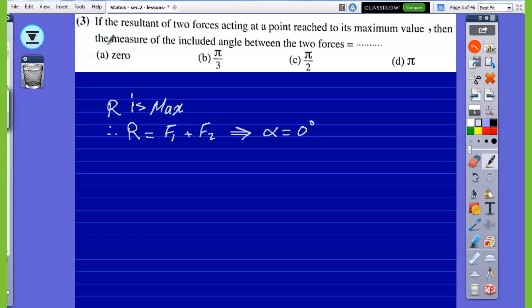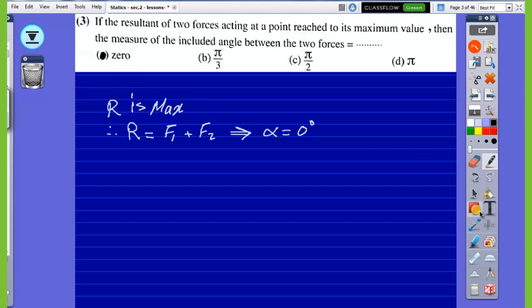So back to the question. The resultant of two forces acting at a point reached its maximum value, then the measure of their included angle between the two forces is 0, and this is our choice.